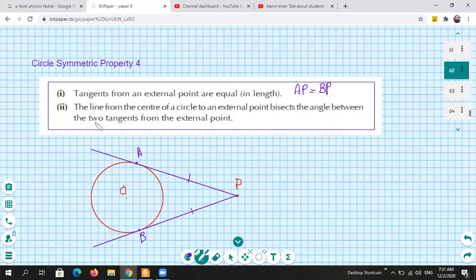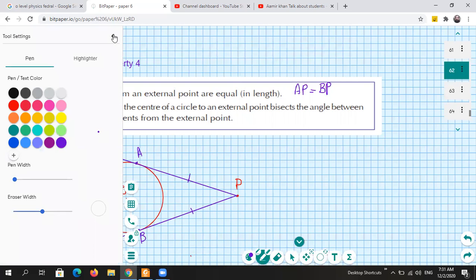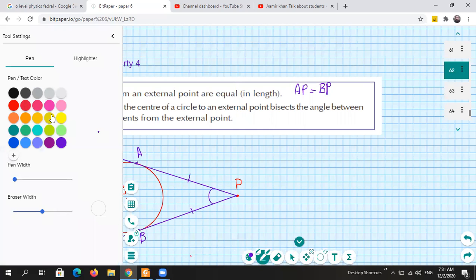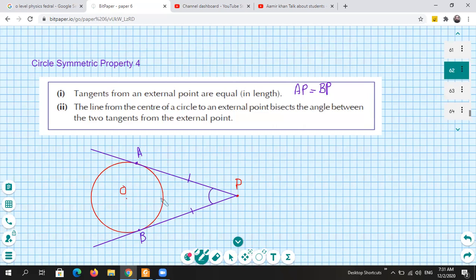Okay, the second point says the line from the center of a circle to an external point bisects the angle between the two tangents from the external point. So if we have an angle, this is the angle between the two tangents, and if I draw the line that starts from the center and intersects the external point, this line, then this line will bisect this angle.